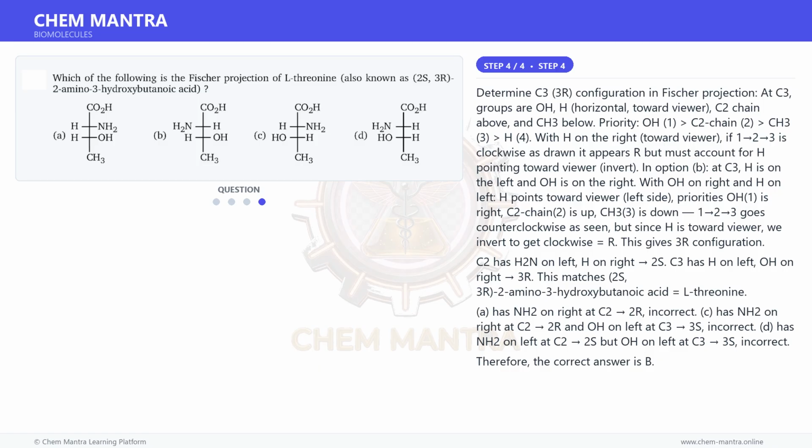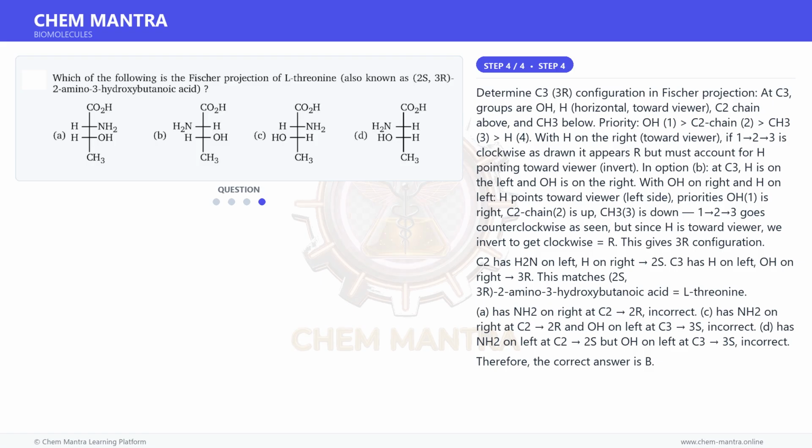C2 has H2N on left, H on right, 2S. C3 has H on left, O on right, 3R. This matches 2S3R, 2-amino-3-hydroxybutanoic acid, which is L-threonine.